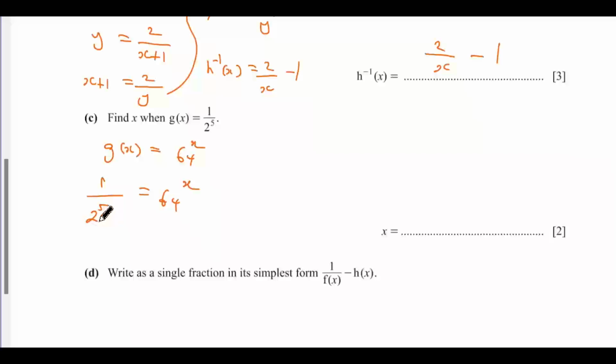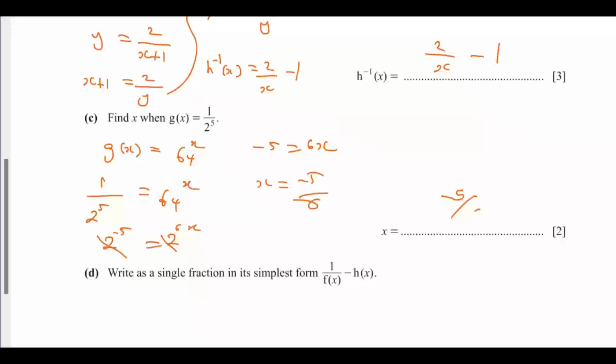We can write this in base 2 as 2 to the power of minus 5 equals 64, which can also be written in base 2, so that will be 2 to the power of 6x. So the 2s cancel, and we have minus 5 equal to 6x, and x equals minus 5 over 6. So we get the value of x to be minus 5 over 6.